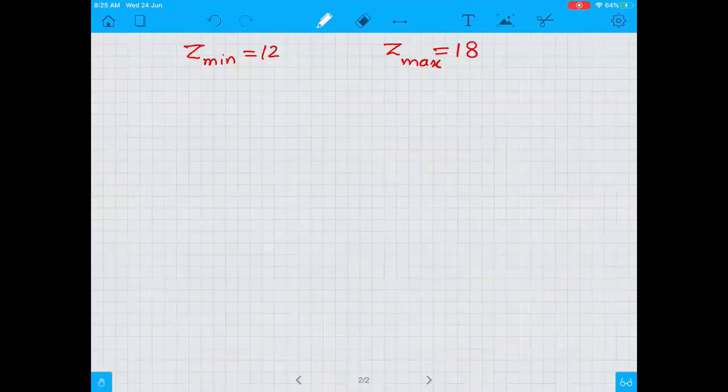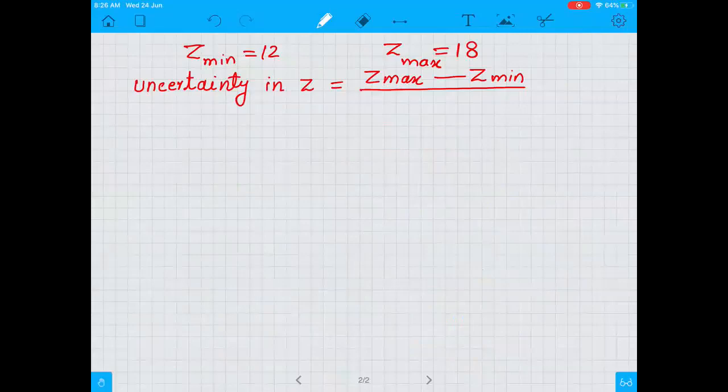Now let's calculate uncertainty in z. Uncertainty in z would be equal to the maximum value of z minus the minimum value of z, whole over 2.